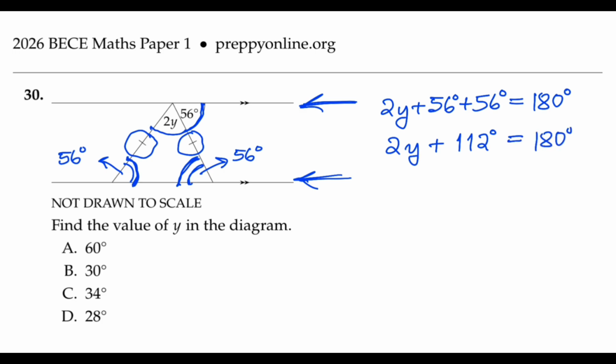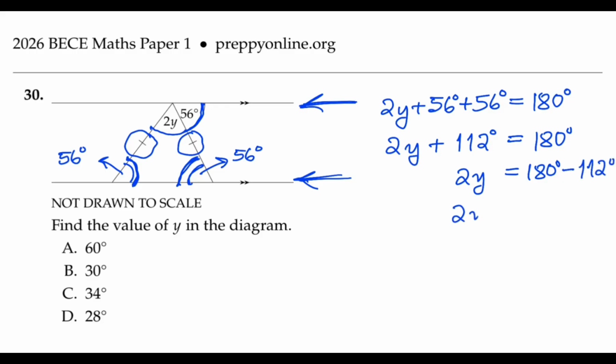So now we subtract 112 from both sides. When we do that, we get 2y is equal to 180 minus 112. What does that give us? That gives us 68. So let me just write the full thing. 180 minus 112.